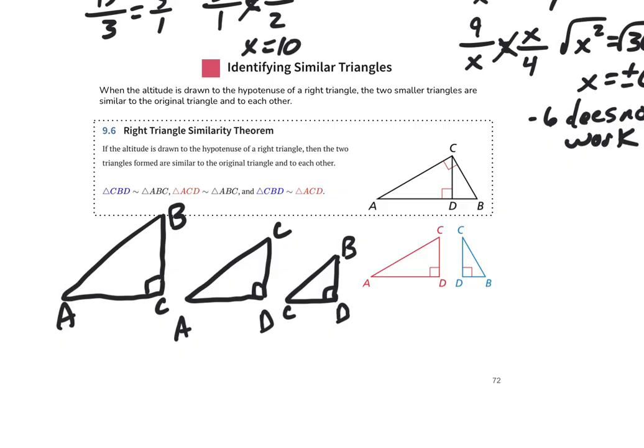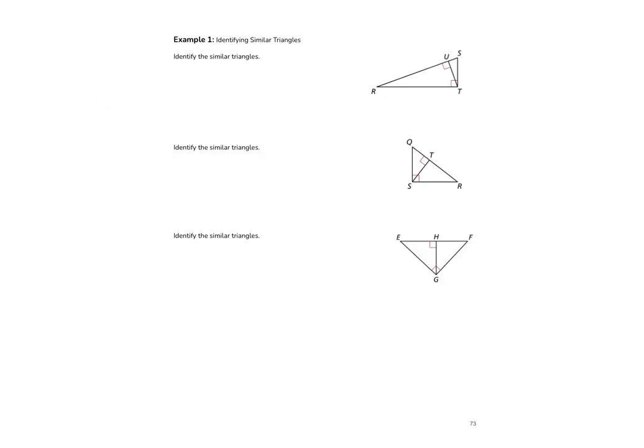I'll try to do a better job when we redraw them, so it's easier to see. Here's the short leg, here's the long leg, here's the hypotenuse. Hypotenuse is always opposite the 90, okay? So that's essentially what we're going to be doing on these problems today.